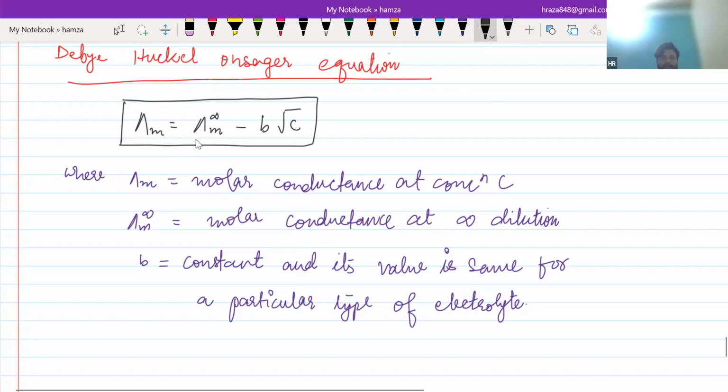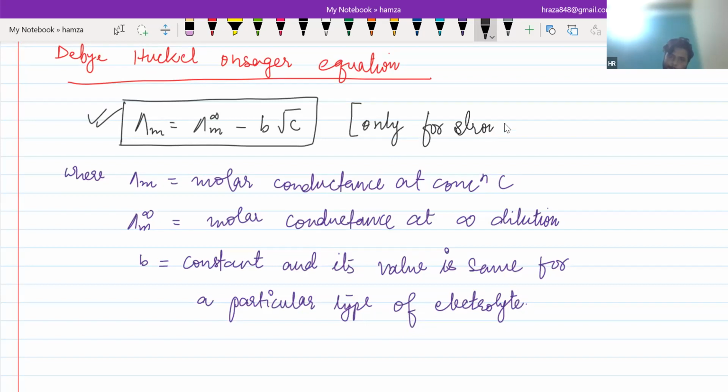So basically, this is the Debye-Huckel-Onsager equation, which is valid for a strong electrolyte. Please write. Only for a strong electrolyte, you can also write here.